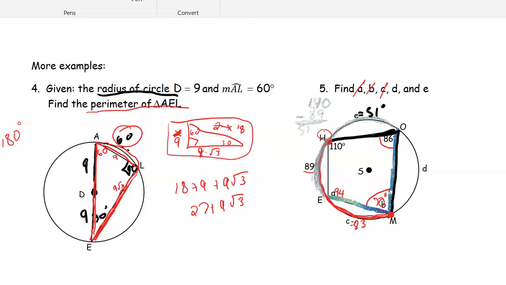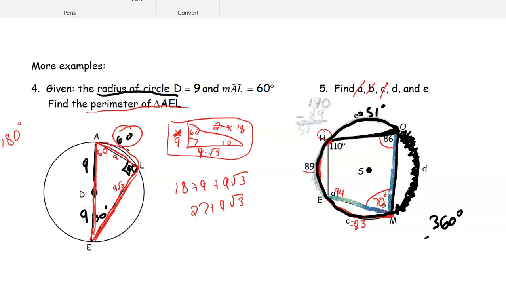All right. And then D, we can do a little bit easier. We know all the way around a circle has to be 360 degrees. We're only missing this part here. We know all the other measurements of our circle. We only need this.